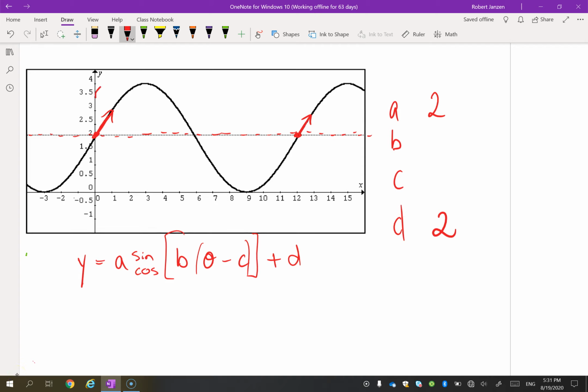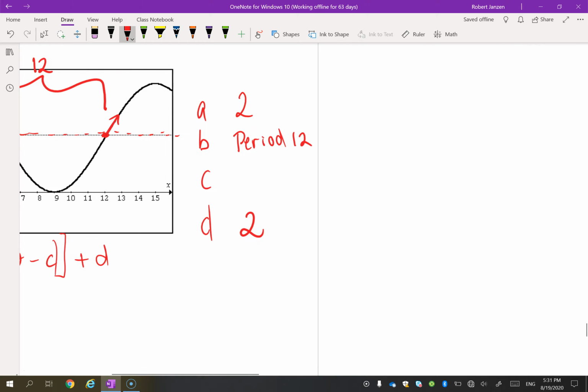If we look at that, the distance is 12 units. So the period is 12. Now, in the previous situation, how did we find the period? We went 2 pi divided by B equals the period.